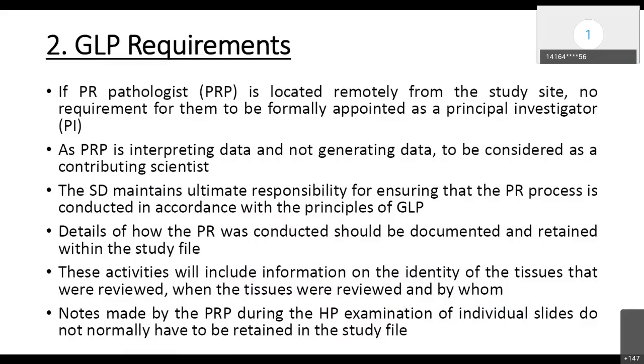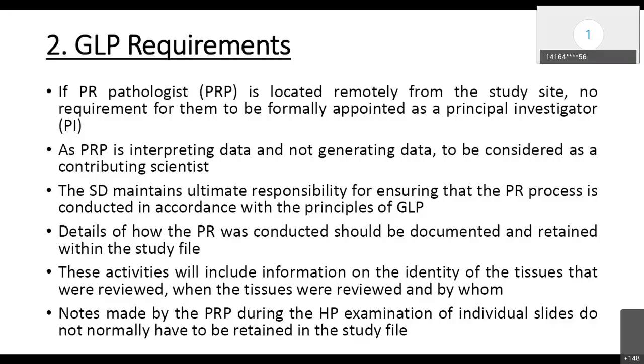In that case, when the peer review pathologist is not available on site, it is not necessary to appoint the pathologist as a principal investigator, because peer review pathologists generally do not generate data. They just review the data generated by study pathologists. So peer review pathologists can be considered contributing scientists and not principal investigators.